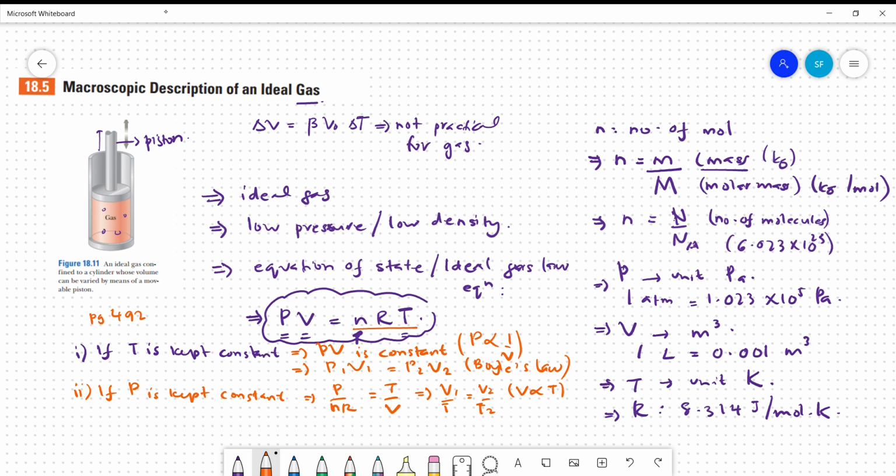This law is known as Charles' law, where volume is directly proportional to the temperature.